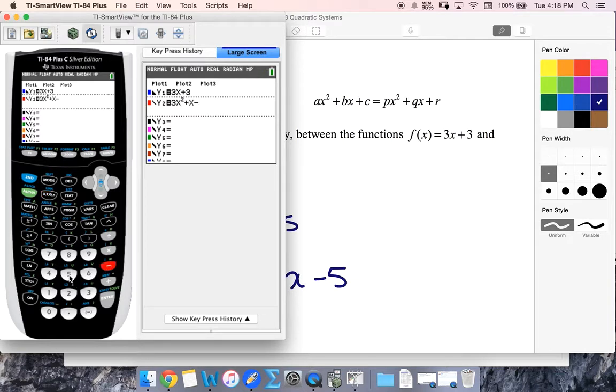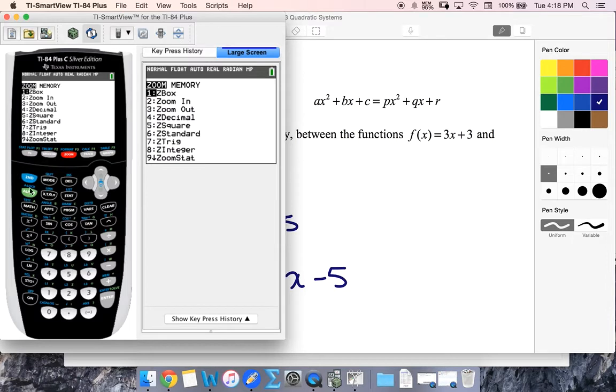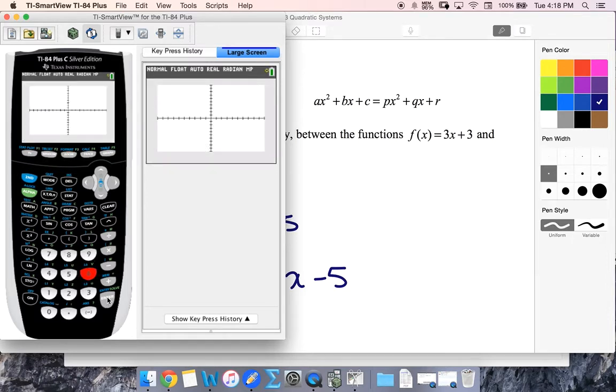I don't know what my window should be here, so I'm just going to do a zoom standard. So zoom standard is number 6. Oh, I didn't change my shading. There's my line. And there's my parabola, so I can see I've got two solutions.